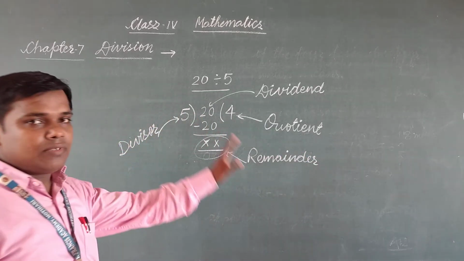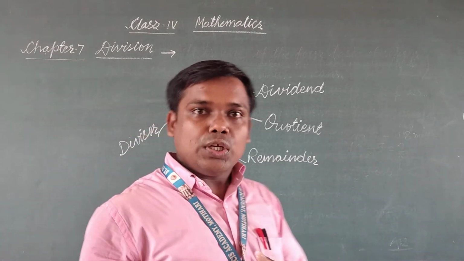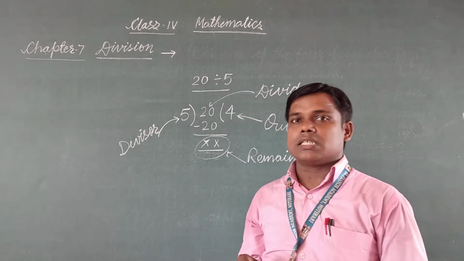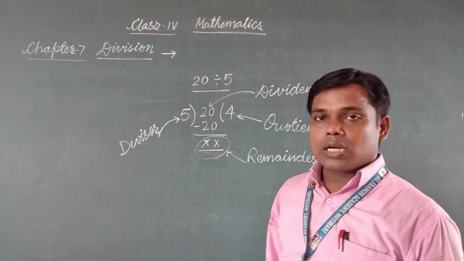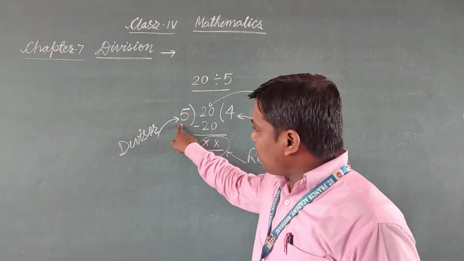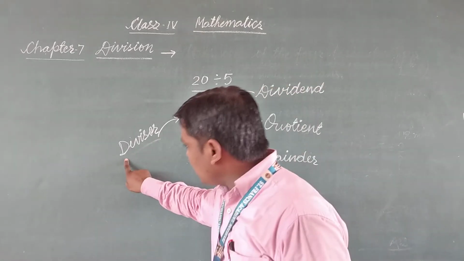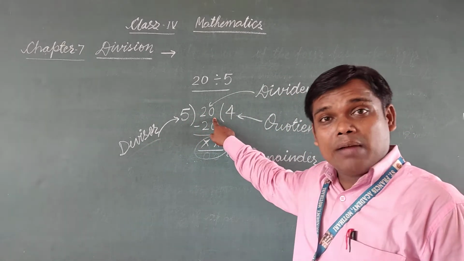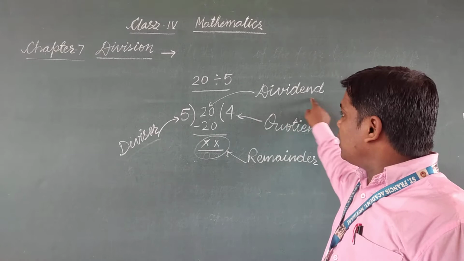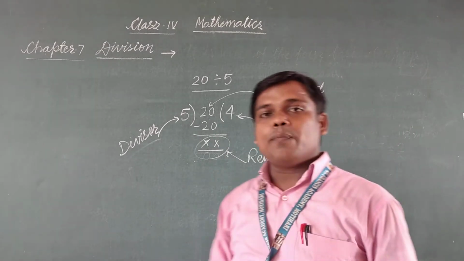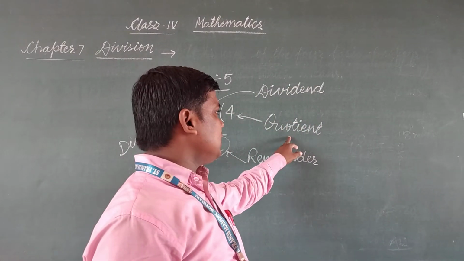So these are the terms you know from your previous classes also. Here once more I am discussing them with you. The number by which we are going to divide a given number is called the divisor. The number which we have to divide is called the dividend. The result of division is called the quotient.